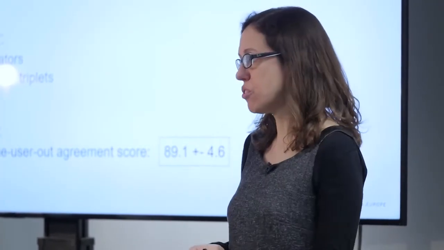And on these 3,000 triplets, we see that people agree with each other at 89%. So obviously, that's not 100%. The task is subjective. So people cannot always answer the same thing. But there's a fairly large agreement between people. So one might say that it's a task that is defined well enough for what we want to do.